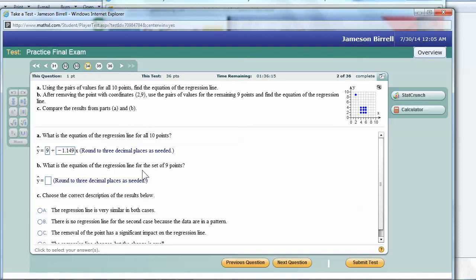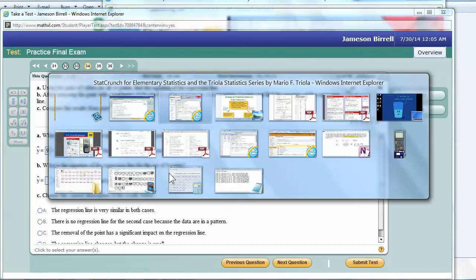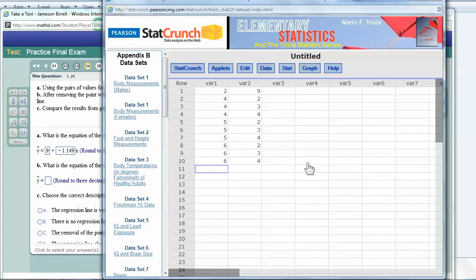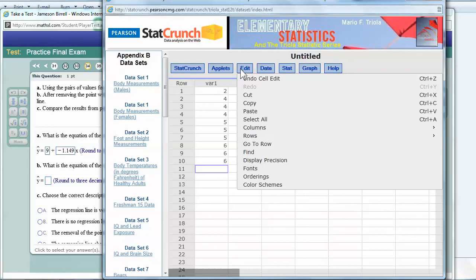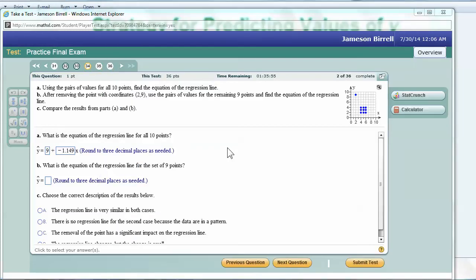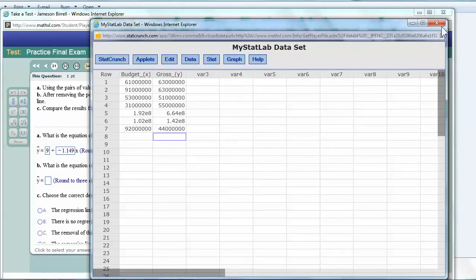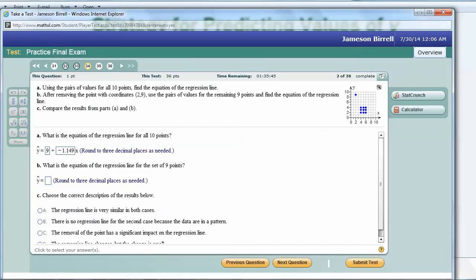What is the equation without that? Okay, now let me go back to this. Let me see how I can do this. I want to eliminate this entire row because that's the one with that point. So row, delete. Sorry, I have an old window up.